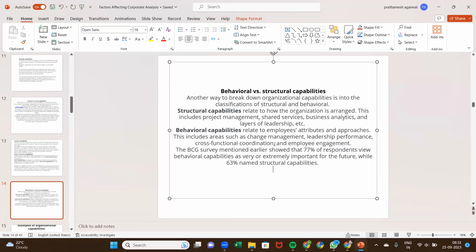Cross-functional coordination. Now, I didn't have any offline lectures with you, but when I'm teaching your juniors, I always mention this cross-functional coordination or the cross-cultural coordination. As I said, when we deal with organizational capabilities, we have six major skill sets.